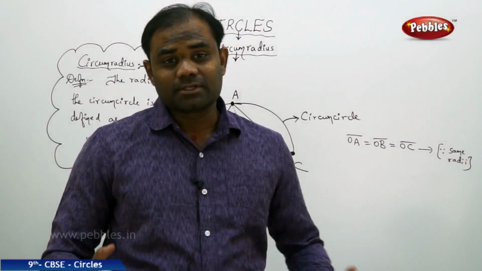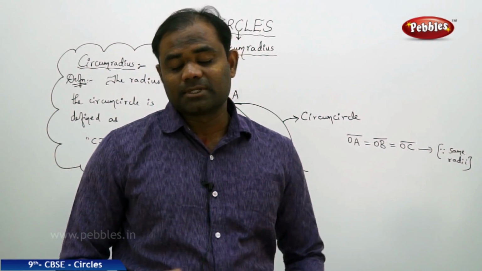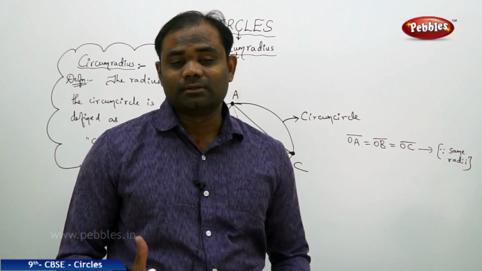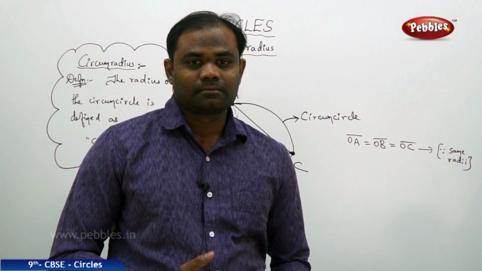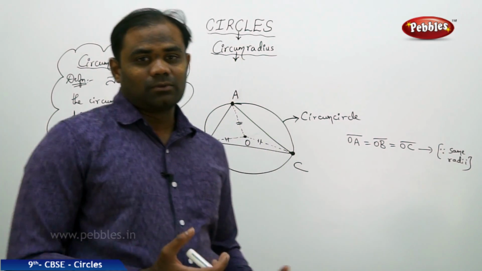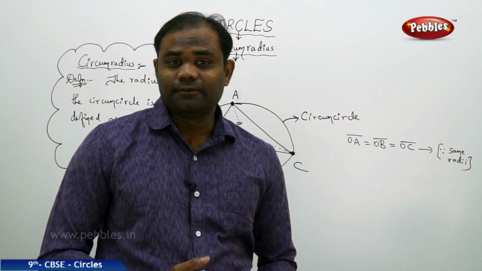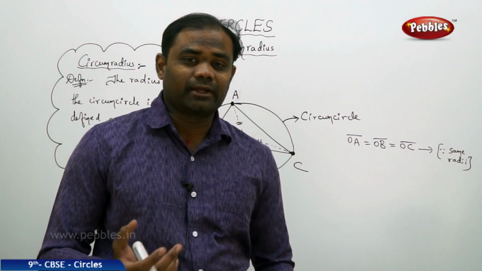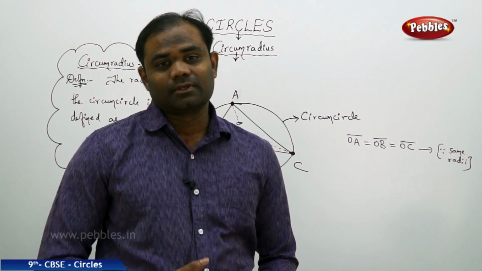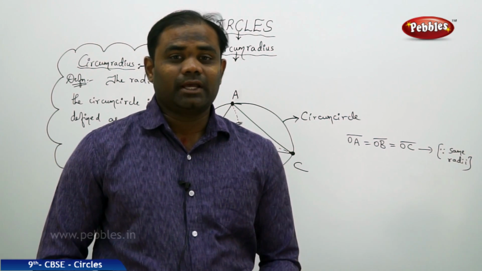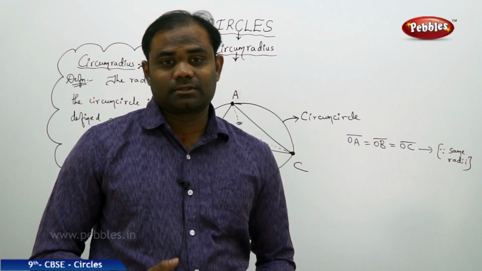The center of the circumcircle is called circumcenter, and the radius of the circumcircle is called circumradius. And when we talk about the circumcircle, it's a circle which passes through all the 3 vertices of a triangle ABC. This is how we understand circumcircle, circumcenter and circumradius.